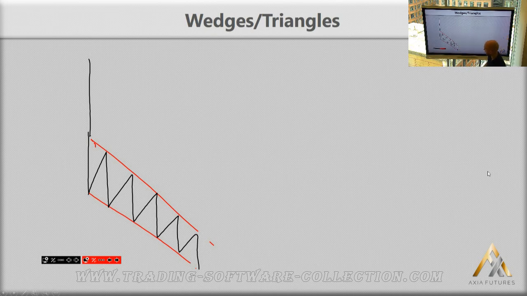So these types of wedges are more likely to break to the upside, and as they do, you've got multiple points to target on the way up, and theoretically beyond each point there's going to be stops. So you should get a move that accelerates as it moves through those areas to the upside.